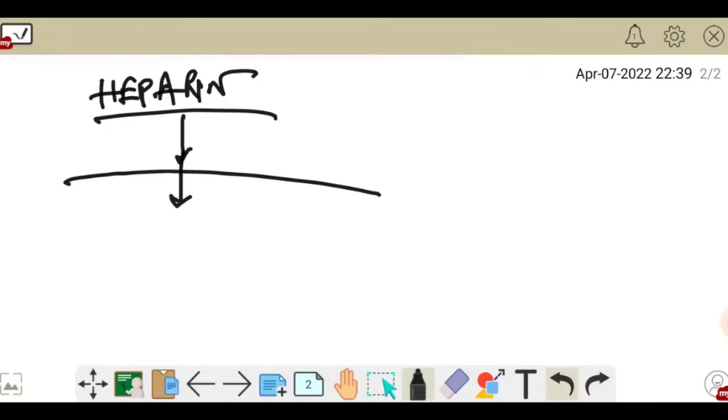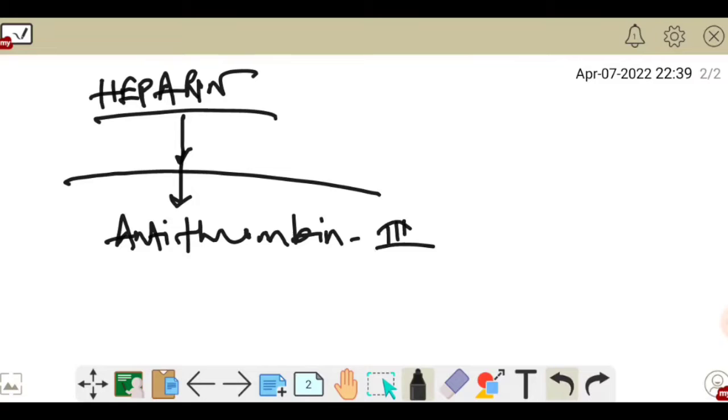After administering heparin, what happens is that the heparin actually binds with antithrombin 3 to show its action. Remember one thing, heparin alone is useless. If it is not able to bind with antithrombin 3, then it will not be able to show its function.